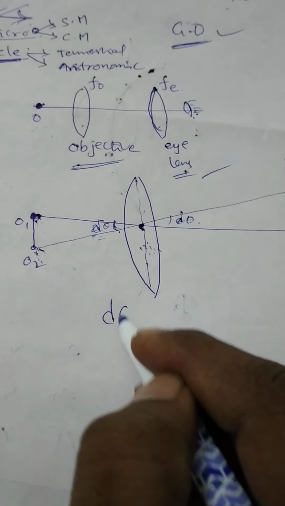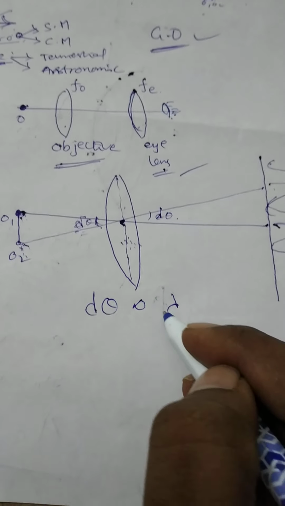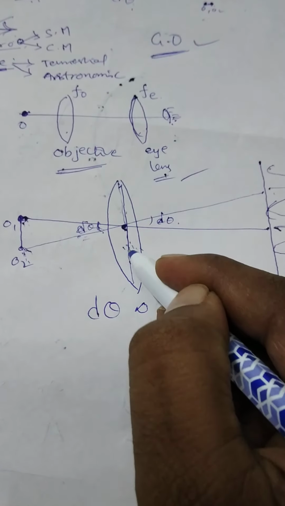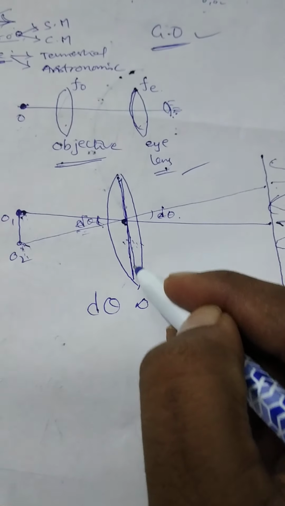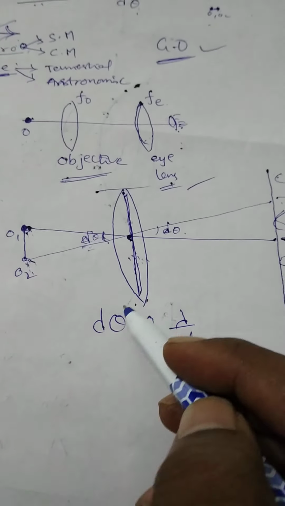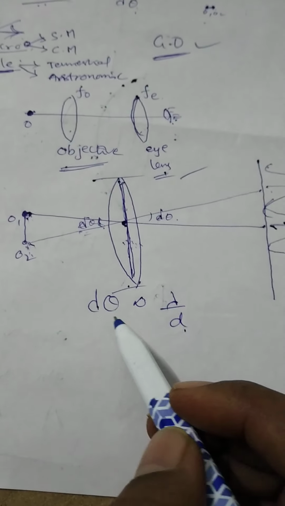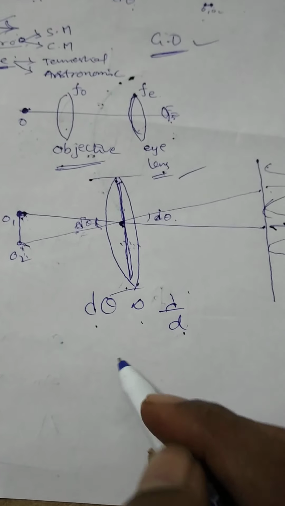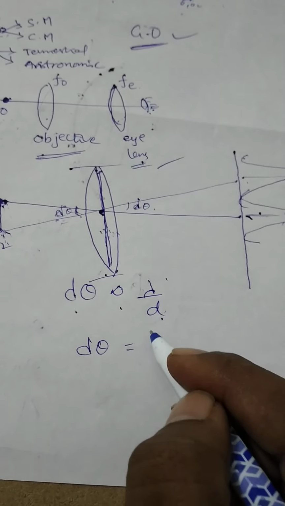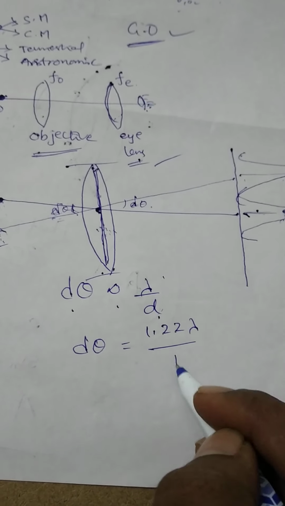Mainly, this d theta is directly proportional to lambda and inversely proportional to D, where D is the diameter of the aperture of the objective, because the whole lens behaves like a slit. So the angular position is proportional to lambda by D, and d theta is some constant times lambda by D. That constant is found to be 1.22.